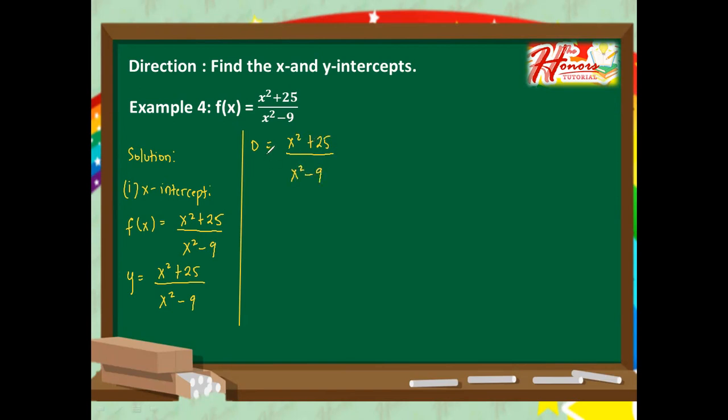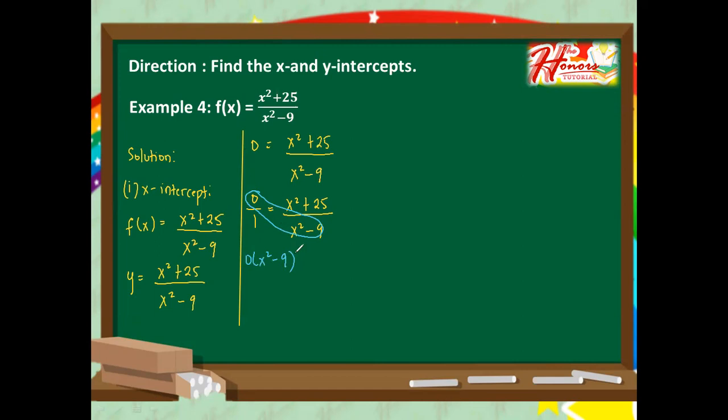And then since 0 is a whole number, for you not to be confused, let's change this into a fraction. So we have here 0 over 1 is equal to x squared plus 25 over x squared minus 9. Let's do cross multiplication. So in this part, partners are 0 and x squared minus 9. So we have here 0 times x squared minus 9.